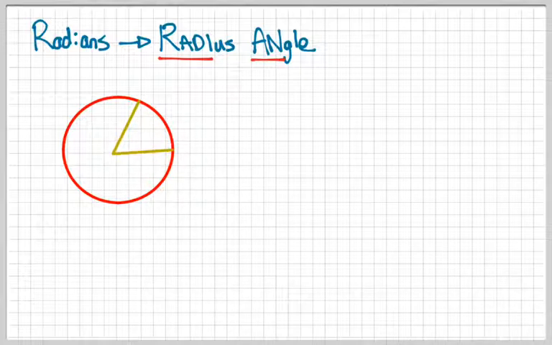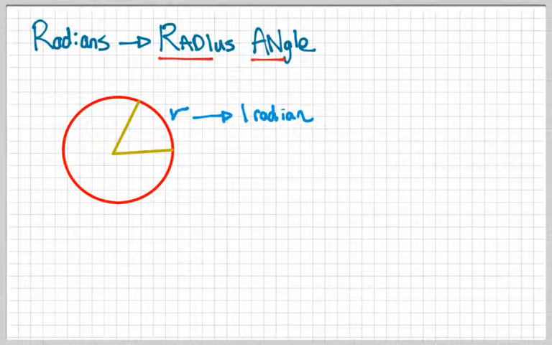Okay, so we talked today about the circumference of a circle, and we realized that it takes a certain number of radii, or radiuses, to make up the entire circumference. So we can call this R, 1 radian, and all that means is 1 radius length of the circle.